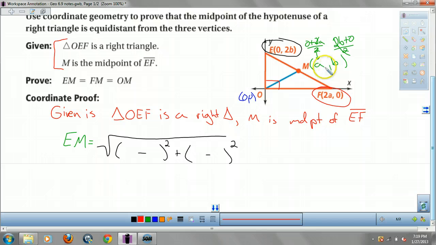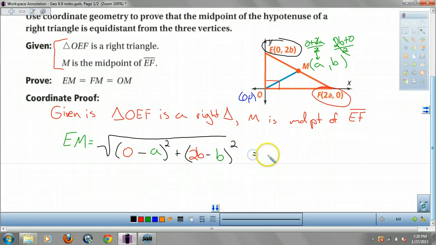So for EM, I'm going to plug in my E points first, my x and my y. And then I'm going to plug in my M. I know those are supposed to be black. I made it black, but then I used the red. But that's E. M is my x, my y.